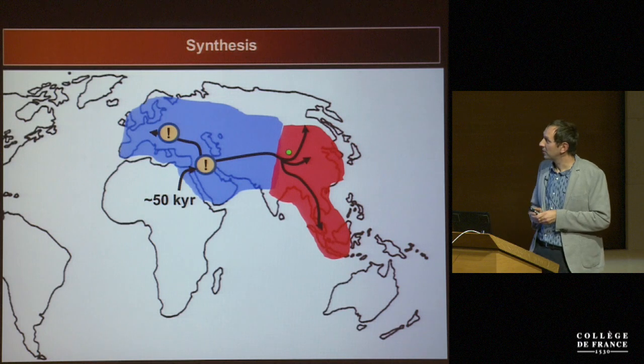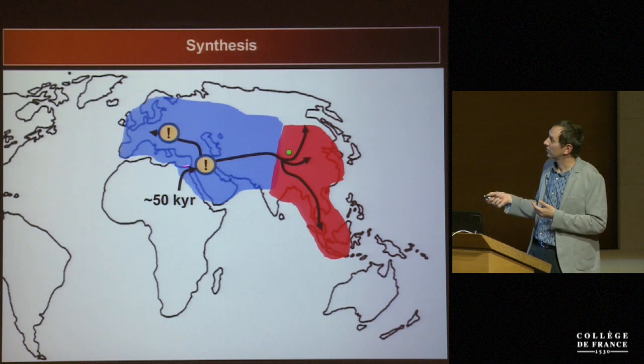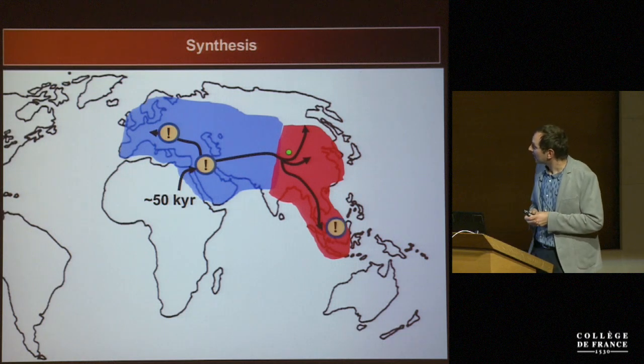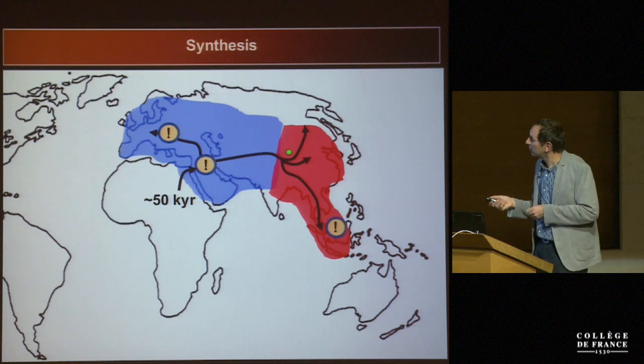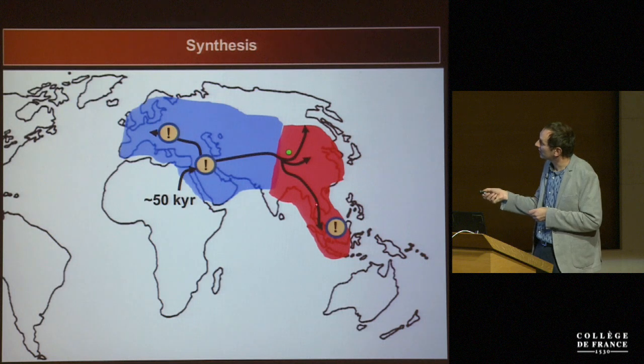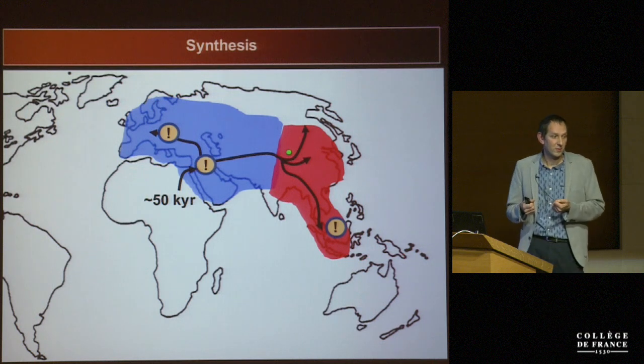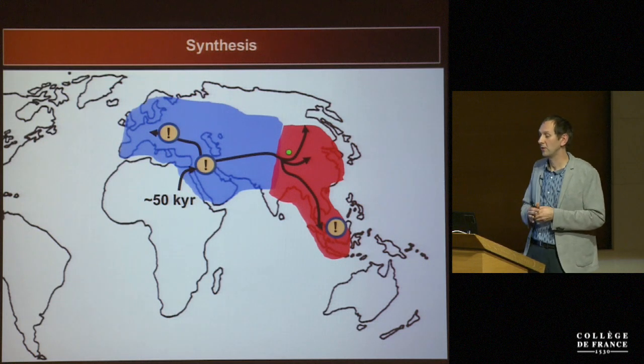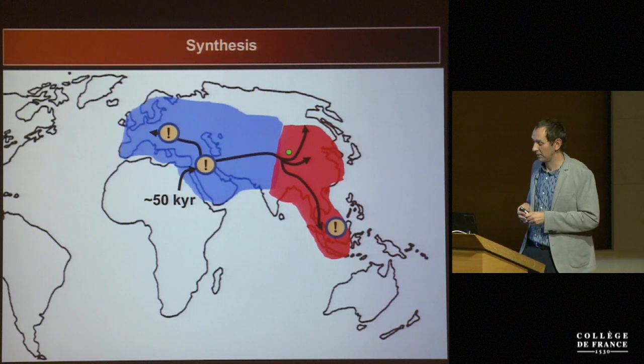There have been additional admixture events for sure, as we've seen from the Oase specimen. And then perhaps before modern humans left mainland Asia to settle the Southeast Asian islands and Australia, they may have met Denisovans and incorporated the Denisovan component in their genome that they took along with them.